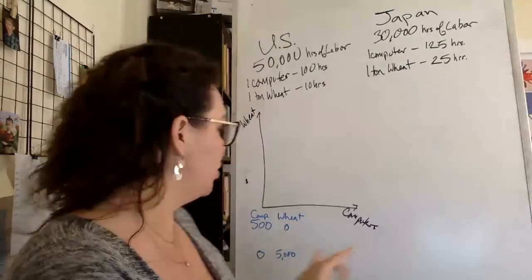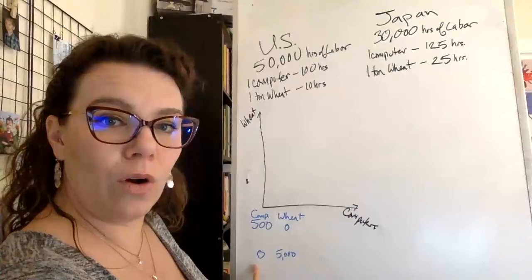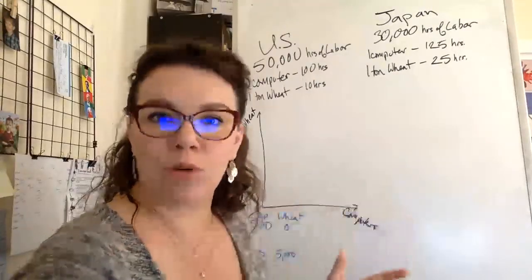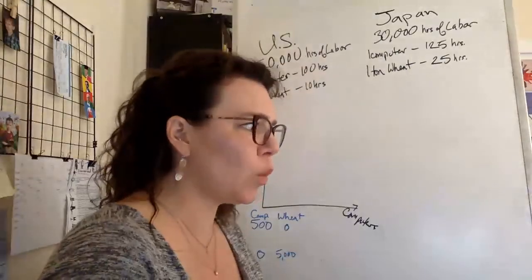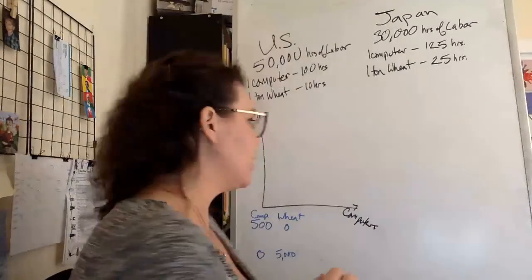So what I'm going to do is just look at the 2 end points, all computers and no wheat, or all wheat and no computers, and then the midpoint. What if we split the labor up in half? That's just a shortcut to get the same amount of information without having to do as many calculations.